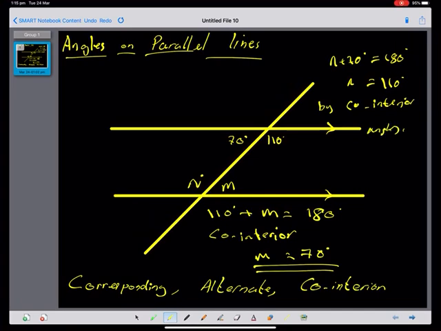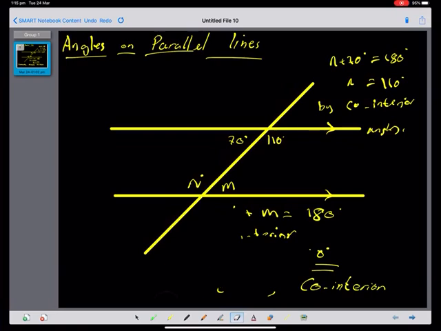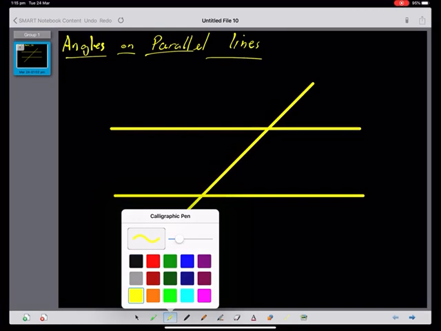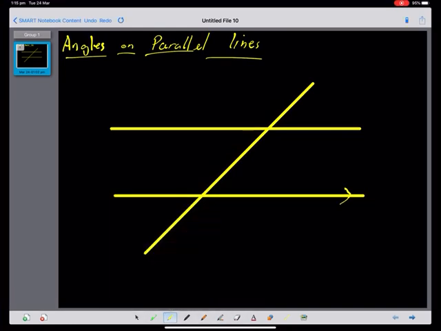Okay, so let's have a look at another problem. Let's get rid of everything. Okay, so these are parallel lines.